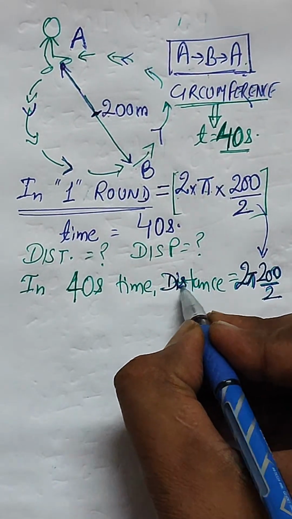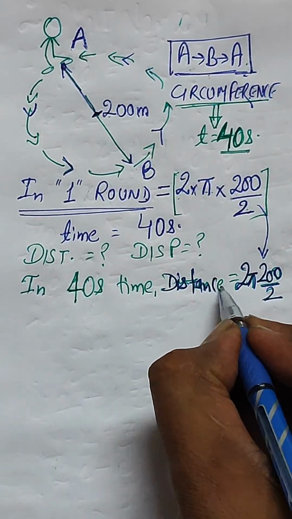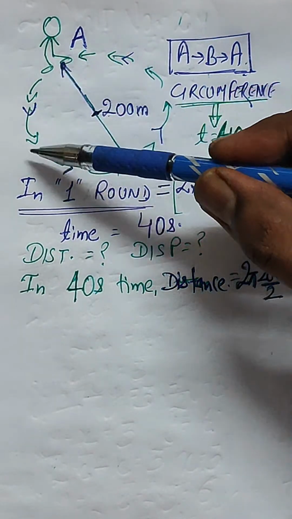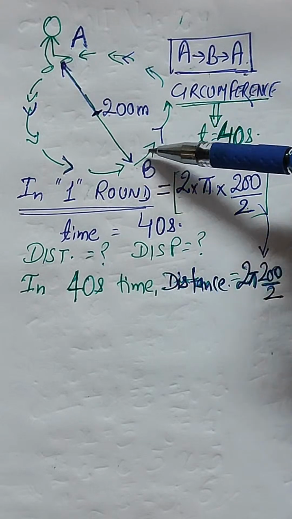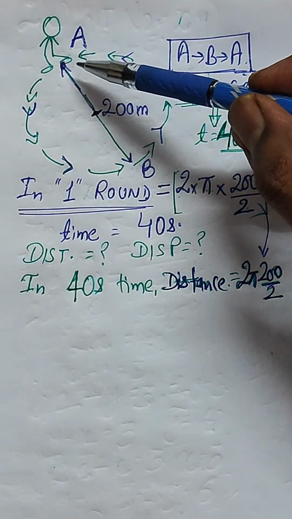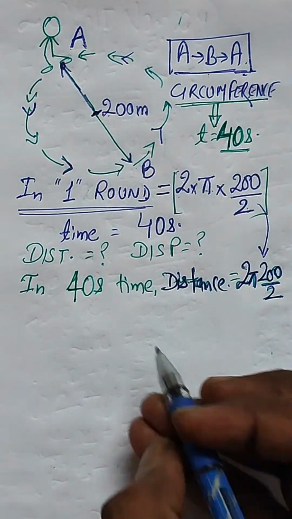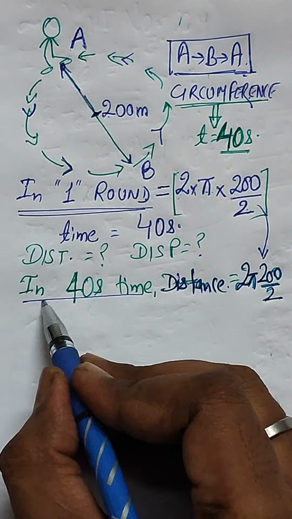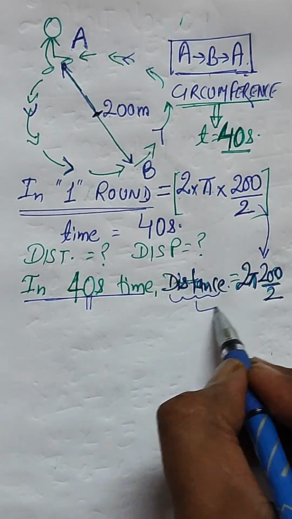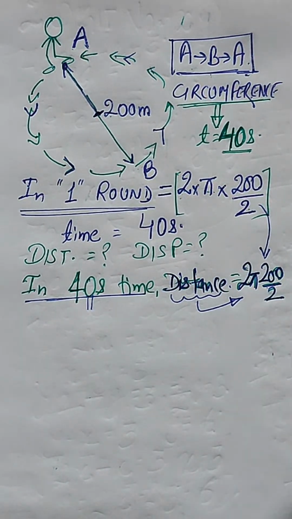And what is the concept of displacement? Since the athlete is starting from A, going to B, then keeps on running across the circular track and then reaches A, in 40 seconds of time we can see that the distance is this much, 2 pi into 200 by 2.